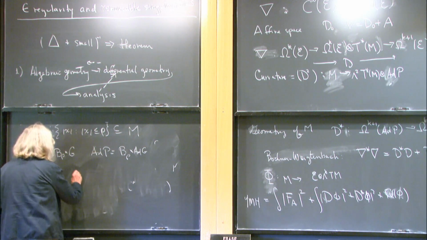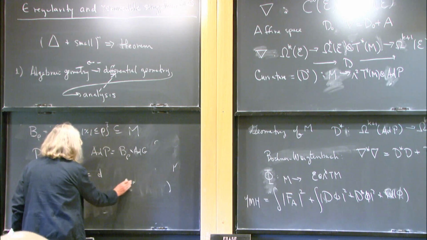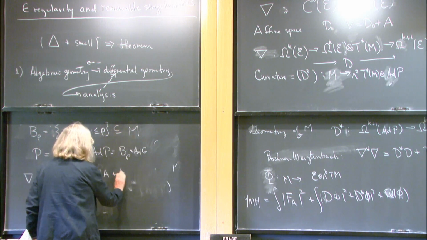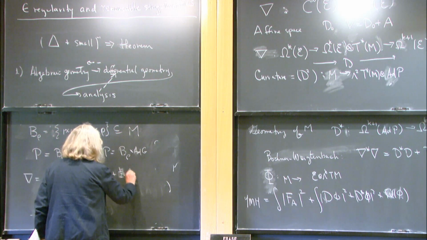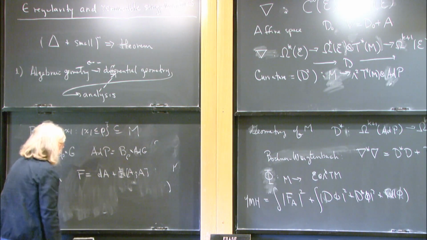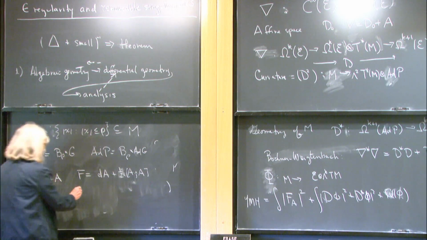And F is equal to D A plus, and I'll write the 1/2 A bracket. This is a wedge and a bracket together. And if you want, in case you wonder where the half goes, it's quite easy.